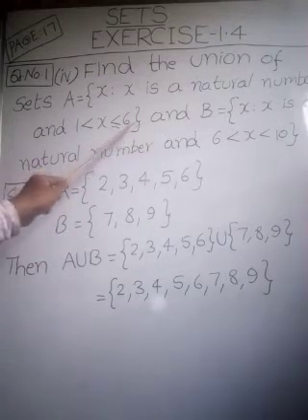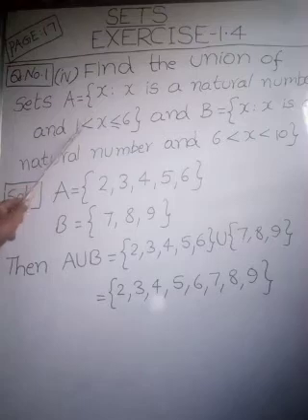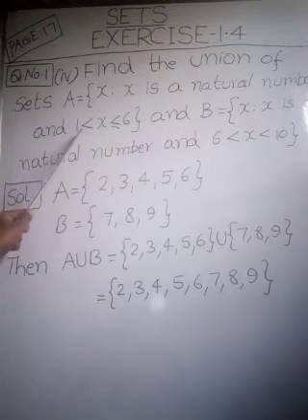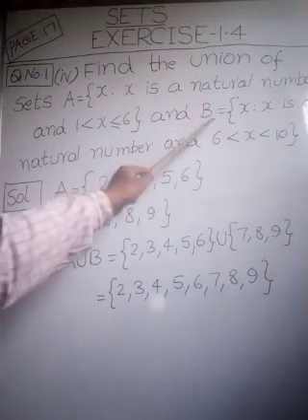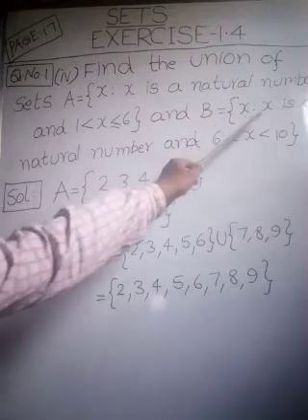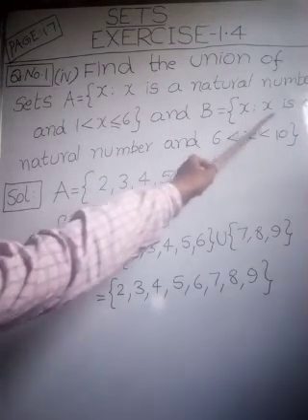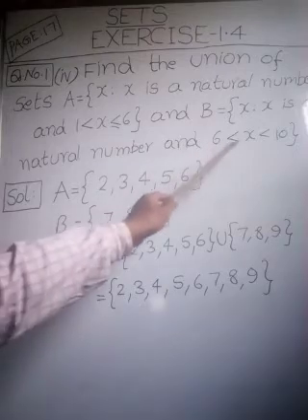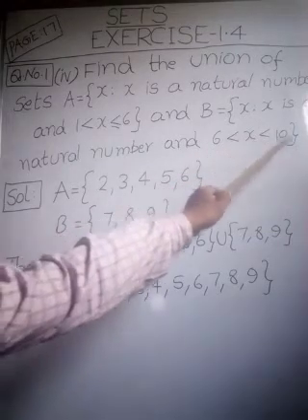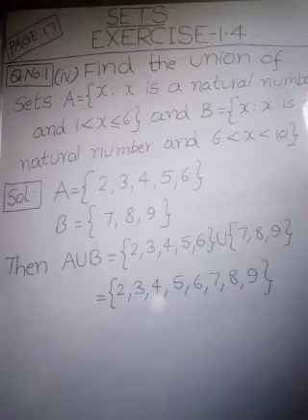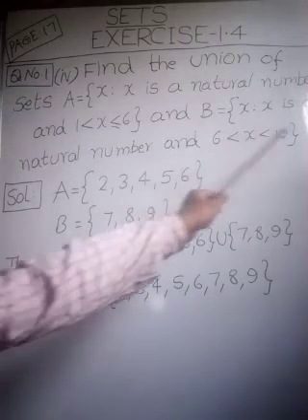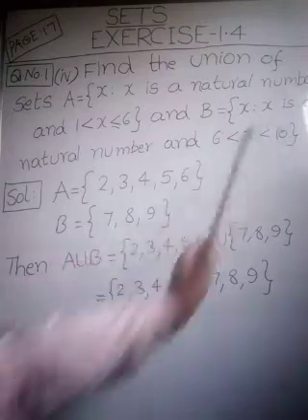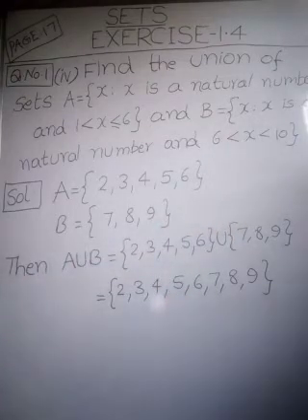So 6 is also an element, but 1 is not an element. Okay, my dear children. And B is equal to the set of all x such that x is a natural number and 6 < x < 10. Here set B is also the set of natural numbers lying between 6 and 10.